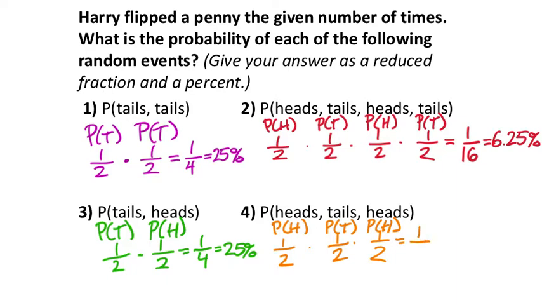In the denominator, 2 times 2 times 2 is 8. And put that in the calculator. 1 divided by 8, and you get 0.125, which is 12.5%. Again, with the decimal, you're just moving the decimal 2 places to the right in order to change a decimal into a percent.